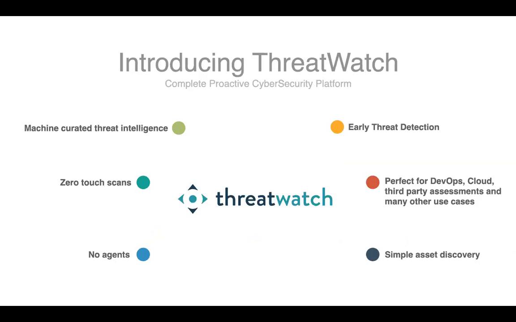It gets you the information quicker, earlier threat detection because we get it before it's been published, but also allows you to remediate quickly as well. It's good for DevOps, cloud, third-party assessments, many other use cases. The other great thing about ThreatWatch is it's agentless and scannerless.